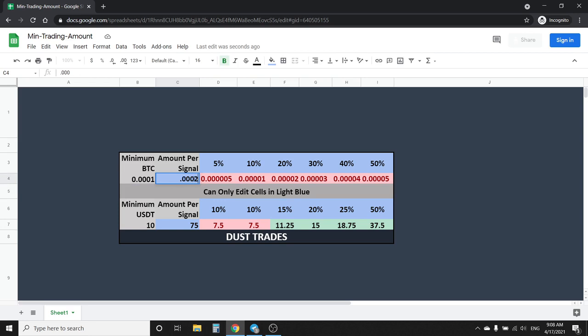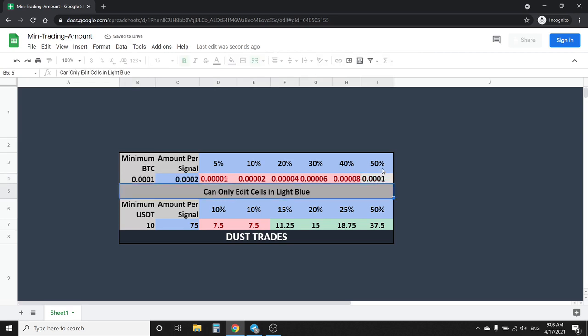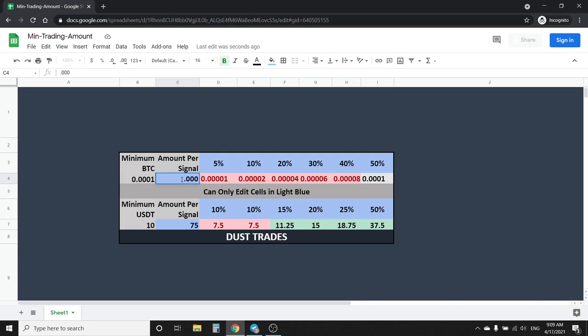We'll do like 2. So that could go through, but you'd have to have your target prices at 50% or more on your trade. So you could have a target 1 at 50%, or target 2 at 50%, or target 5 at 50%. If you were to raise this up, you can play around with the numbers.